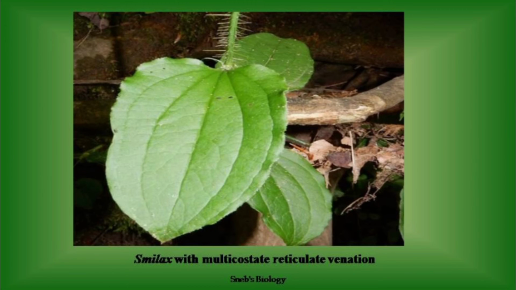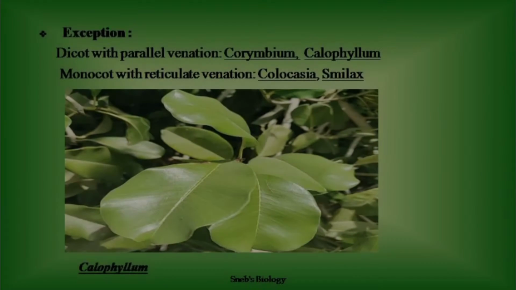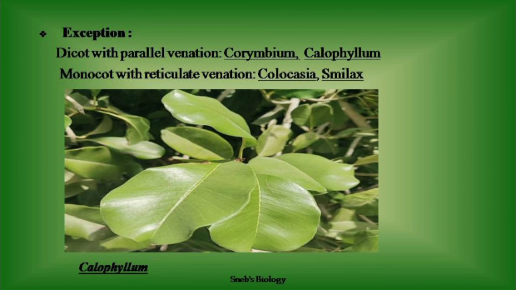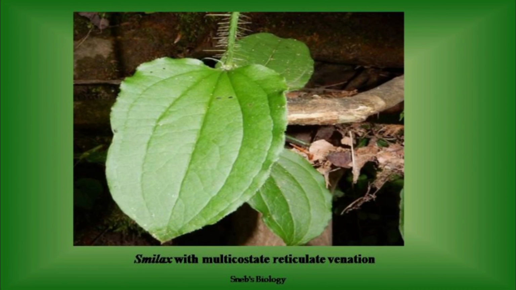For example, Colocasia, Dioscorea, Smilax, etc. So these are the important plants which, in spite of belonging to a particular group, show the characteristic feature of the other group, that is, dicots showing parallel and monocots showing reticulate venation.